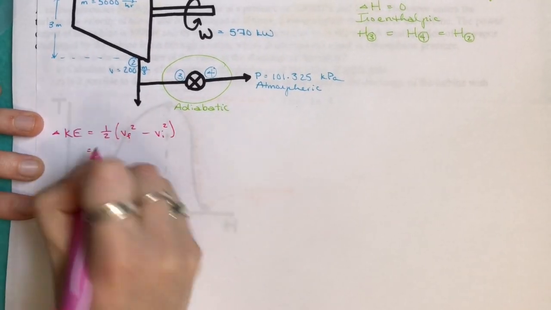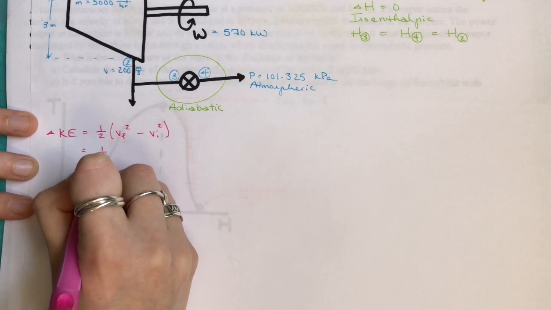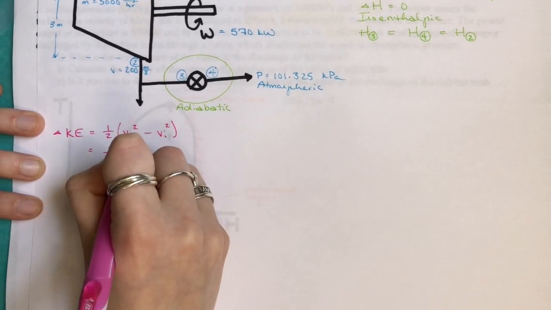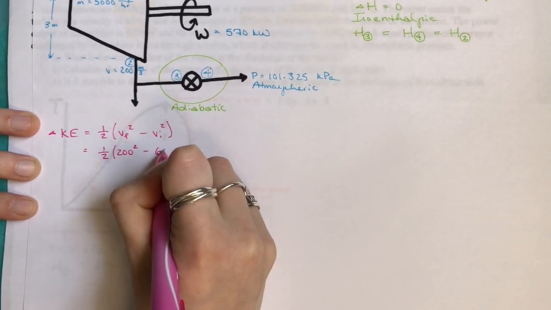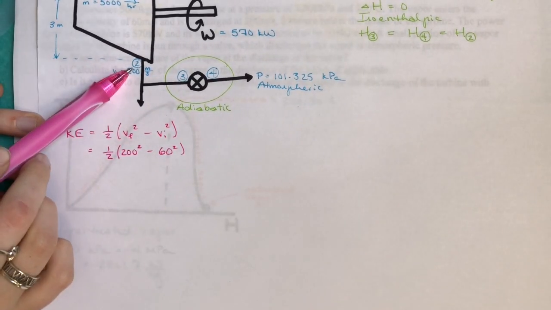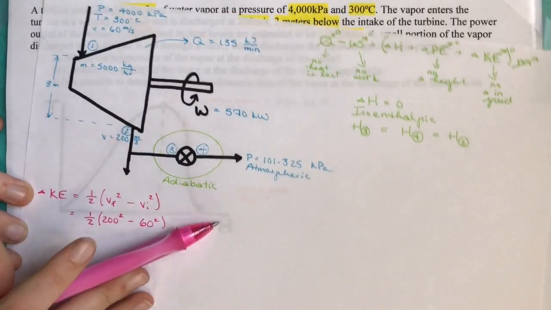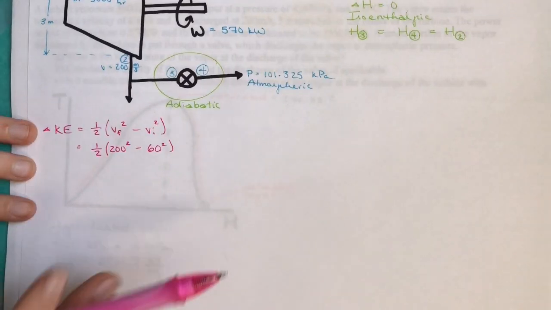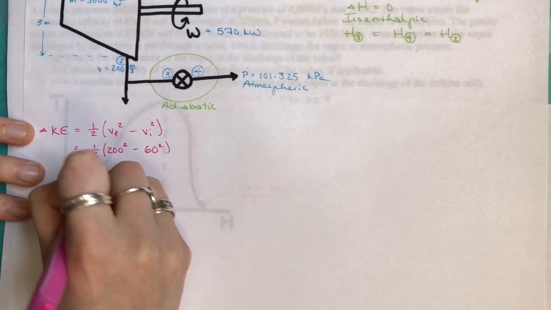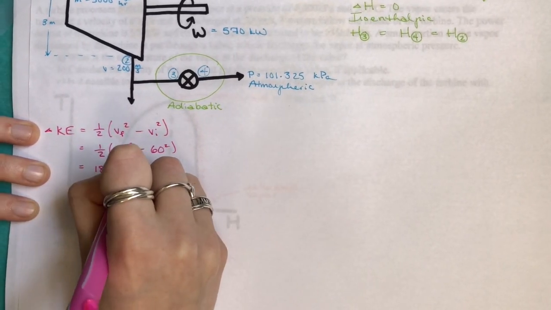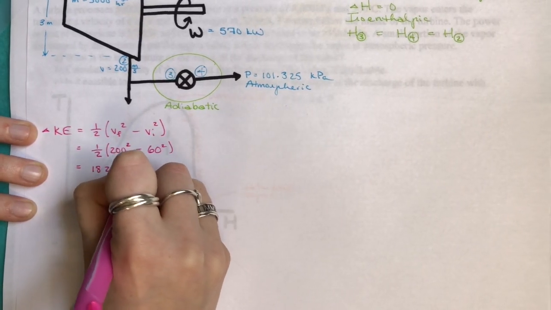Okay, so when we plug in our numbers, we have 1/2 times 200 meters per second squared minus 60 meters per second squared. And I got these right off our diagram that we did earlier. All right, so when we plug that into a calculator, we see that this equals 18,200 meters squared per second squared.